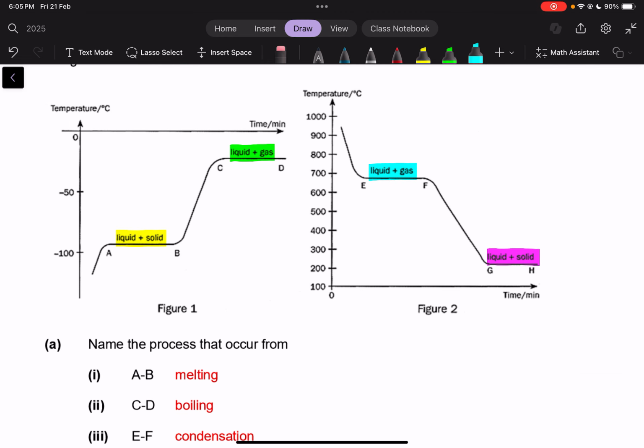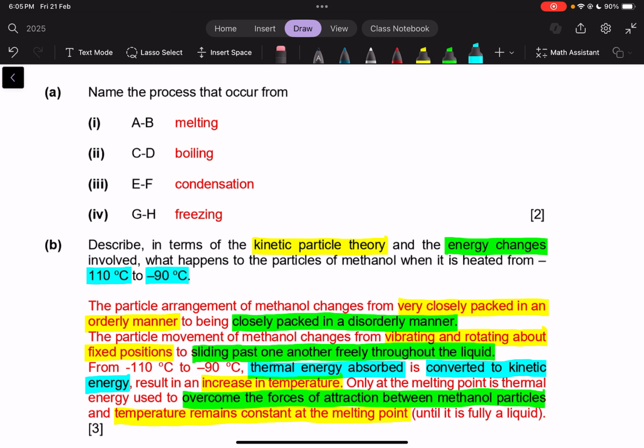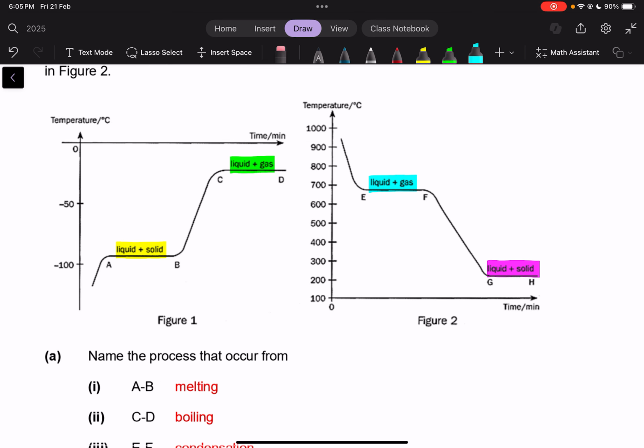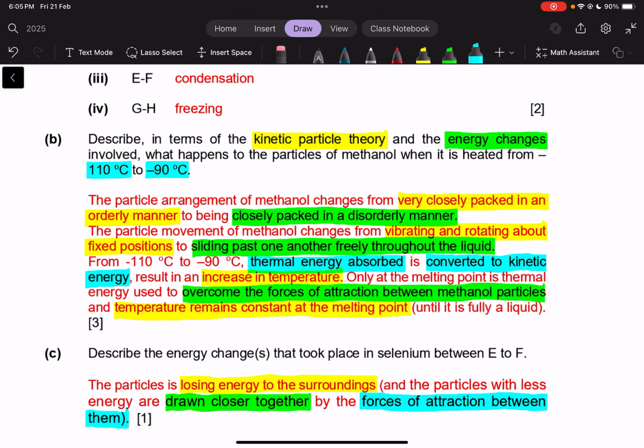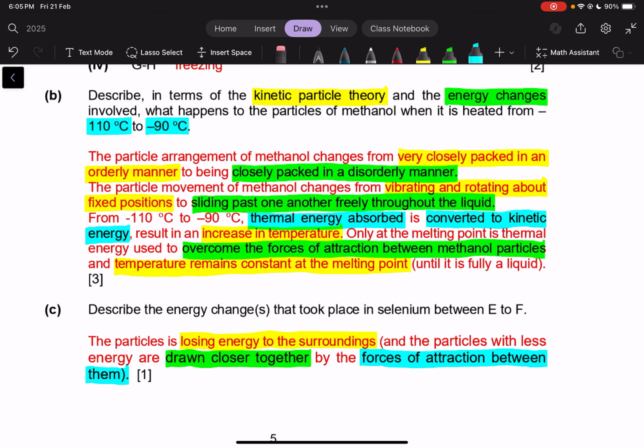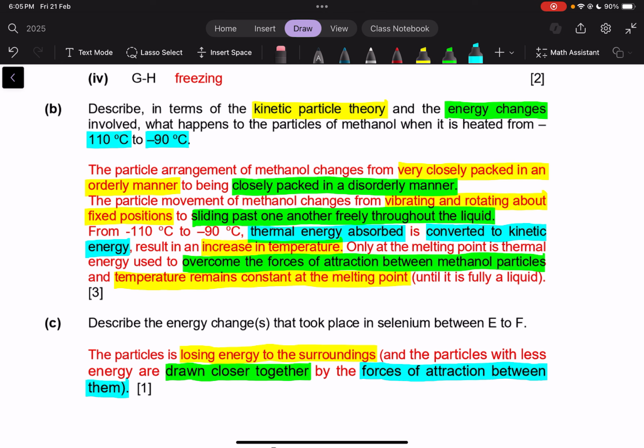Wait first. Let me see. Okay, negative 110.